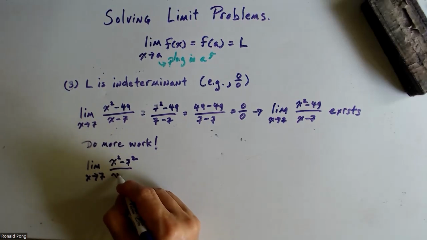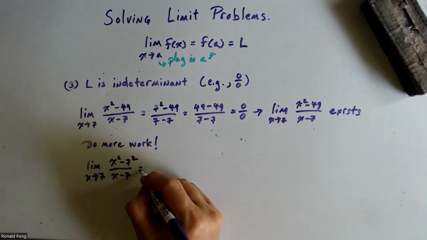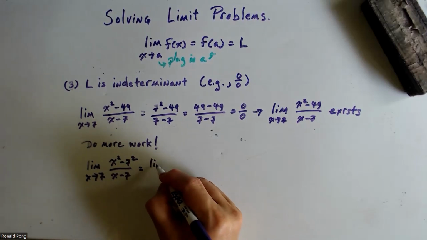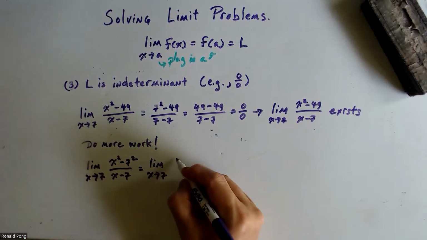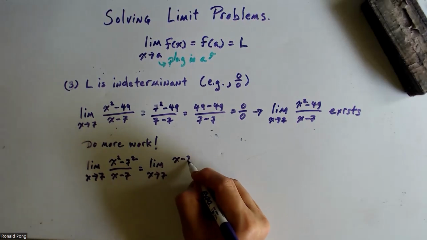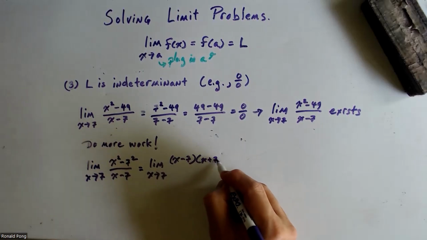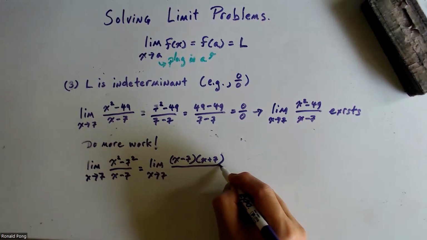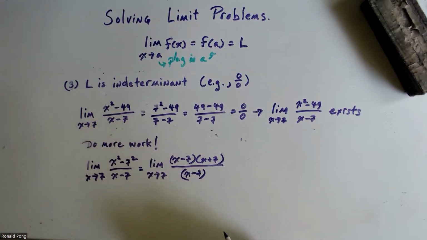In our denominator, we still have x minus 7. If I go ahead and factor the numerator, we will arrive at x minus 7 times x plus 7, still divided by x minus 7.